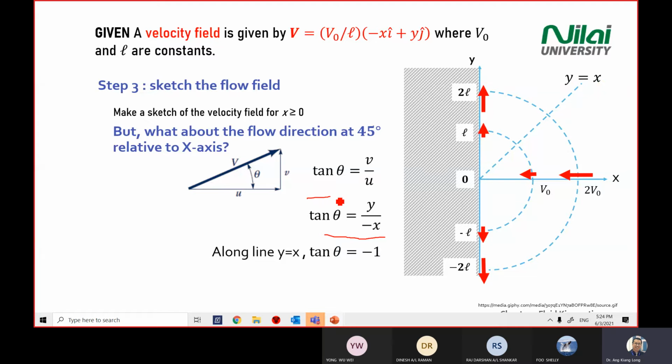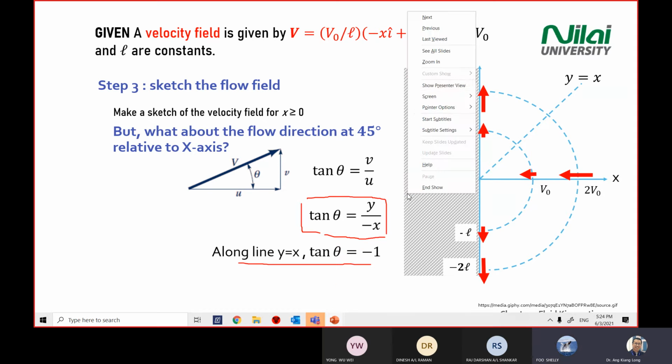So if you look back at this equation, you move your minus sign to the left hand side, and with y equal to x, you'll get tangent theta equal to minus 1. You agree with this statement? Yes, I agree.